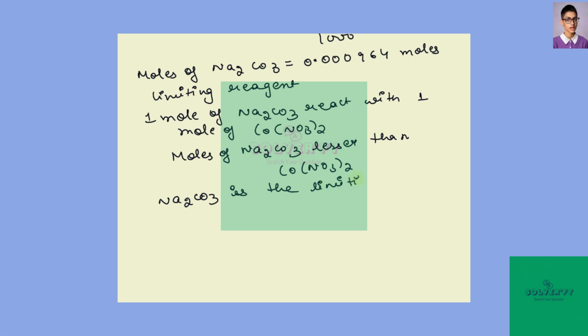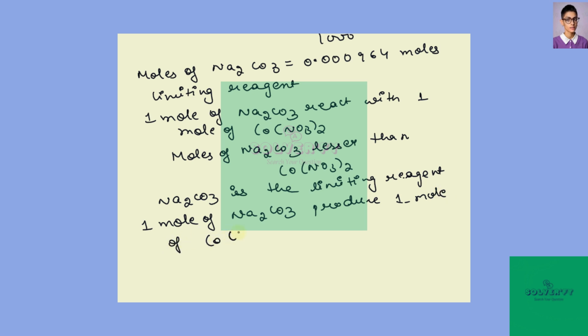So from the balanced equation, 1 mole of Na2CO3 will produce 1 mole of cobalt(II) carbonate. So now here we get the moles of the cobalt carbonate is equal to the moles of the Na2CO3, which is equal to 0.000964 moles.